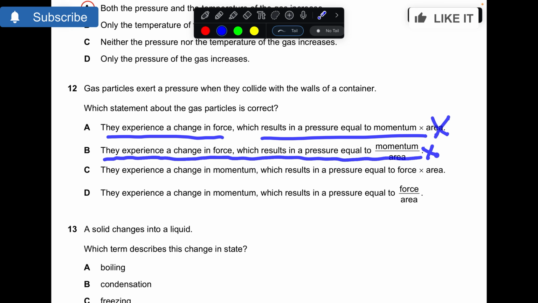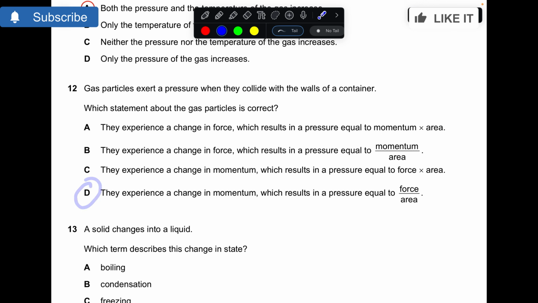They don't experience a change in force, they experience a change in momentum, because every time they collide with the wall, their velocity changes. Velocity is a vector quantity, right? So they change direction, velocity changes, and that changes the momentum. So option D is correct, because we know force is rate of change of momentum and pressure is force over area.